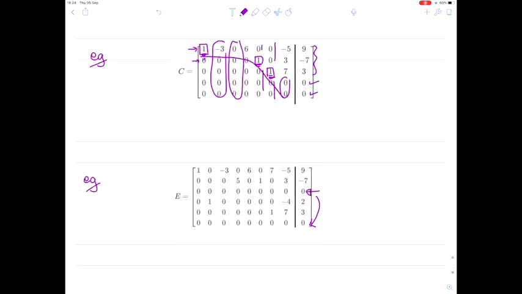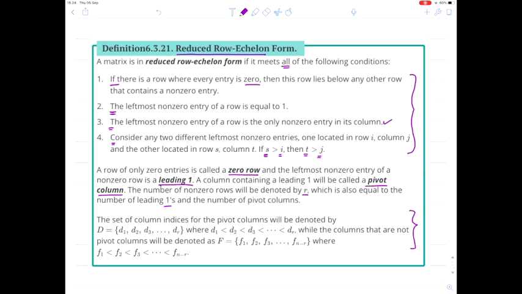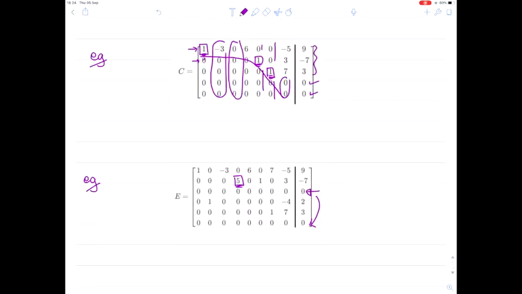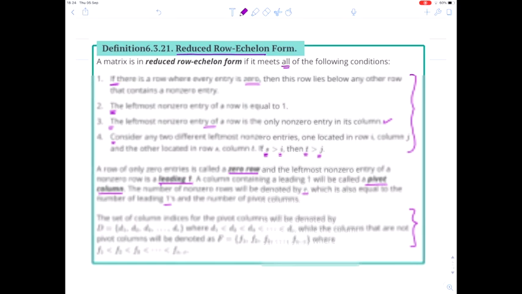Well, we have a bit of a problem going on here with row 2 because the leftmost entry is a 5, which is not okay. Then, the leftmost non-zero entry is the only non-zero in its column. Well, let's have a look. Over here we have a leftmost 1, and this 7 should have been converted into a 0, so that we only had zeros and 1 in that column. So it fails on that count.